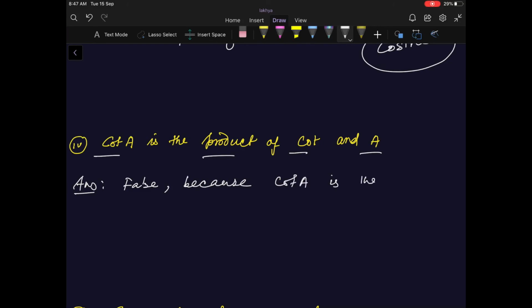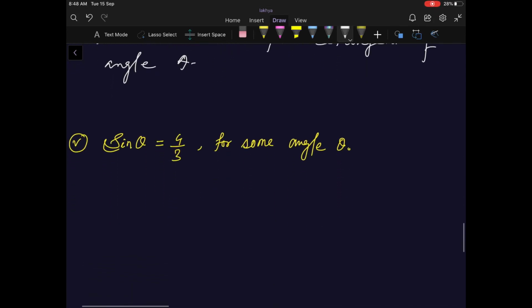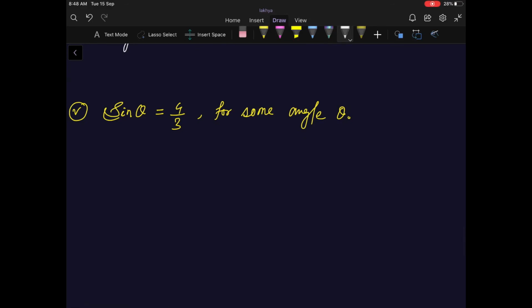This statement is false because cot A is the abbreviation used for cotangent of angle A. Now next, sine theta is equal to 4/3 for some value of theta.